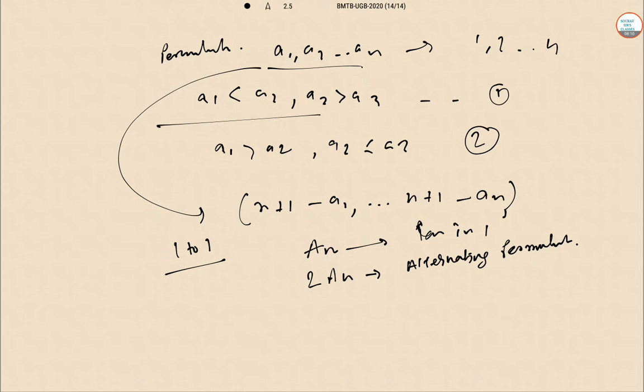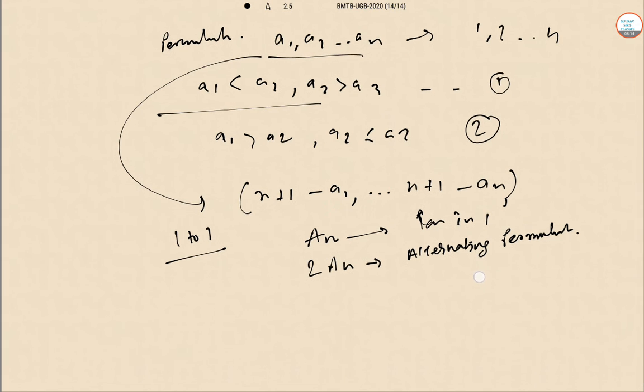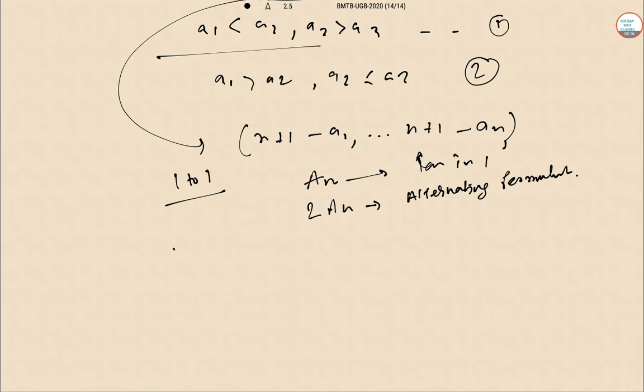Now we need to consider an alternating permutation a1, a2, dot dot dot an. Let ak equal n, so that ak minus 1 is less than ak and ak is greater than ak plus 1.